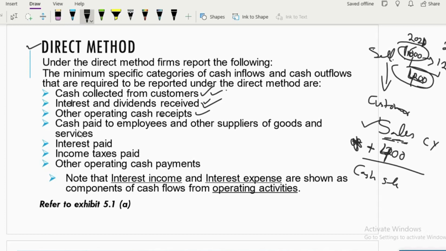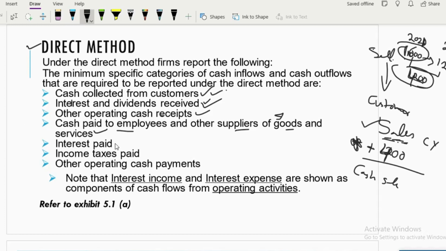Then comes cash payments to employees, so their salaries will be part of cash paid to employees, and other supplies of goods and services. If you purchase some other goods or services, whatever cash you have paid for that, like you purchase inventory, you pay cash for that, right? Then comes interest paid.